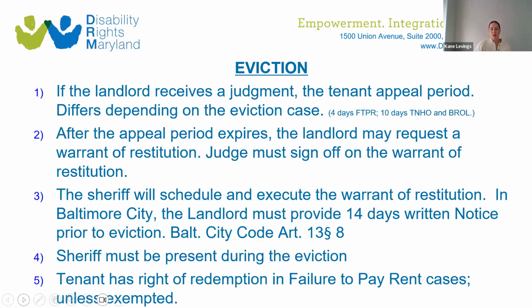In Baltimore City, for failure to pay rent notices, which I should have clarified here, it's only for failure to pay rent notices, the landlord has to provide 14 days written notice prior to the eviction. That notice has to be given by first-class mail, and then the sheriff will verify that the landlord did give that notice, or if there is no notice required, then the sheriff is there to execute on the warrant of restitution.